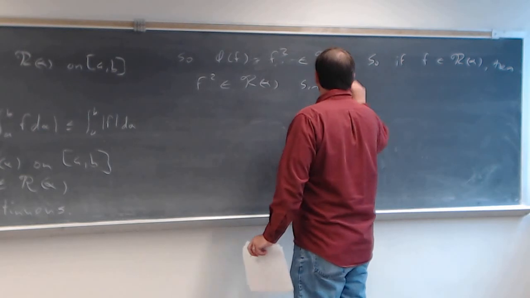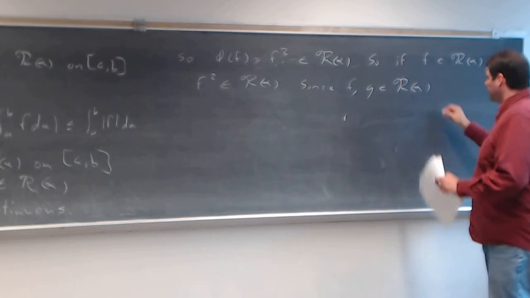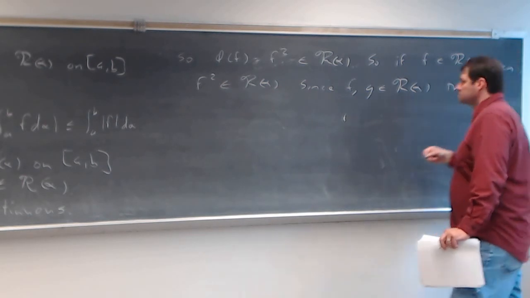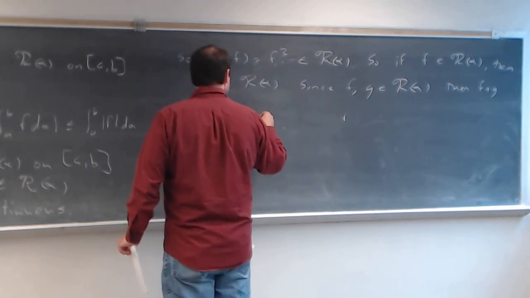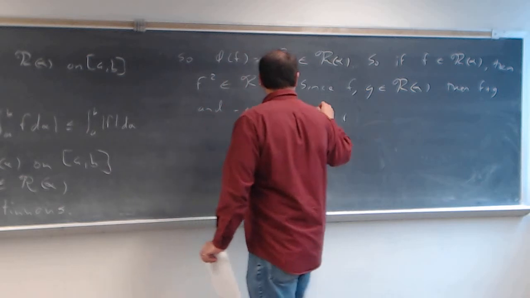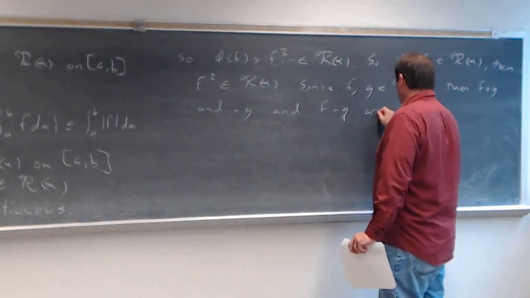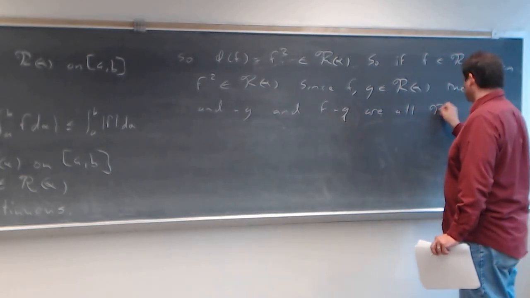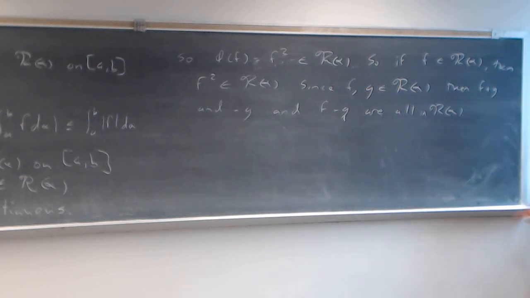Since f and g are both Riemann-Stieltjes integrable functions, then f plus g and f minus g are all Riemann-Stieltjes integrable functions. They're all in the collection of Riemann-Stieltjes integrable functions with respect to alpha.